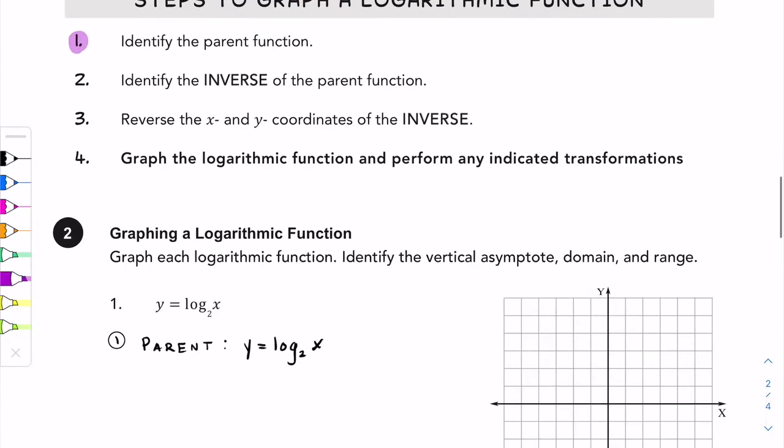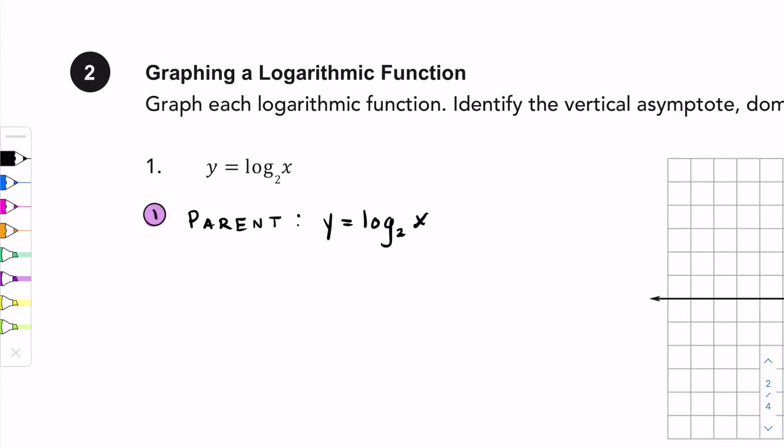For step 2, you need to identify the inverse of the parent function. The inverse of this parent function is 2 to the power of x.